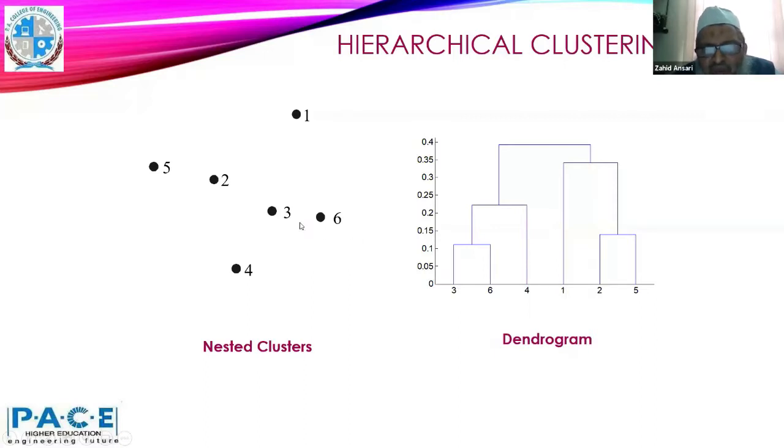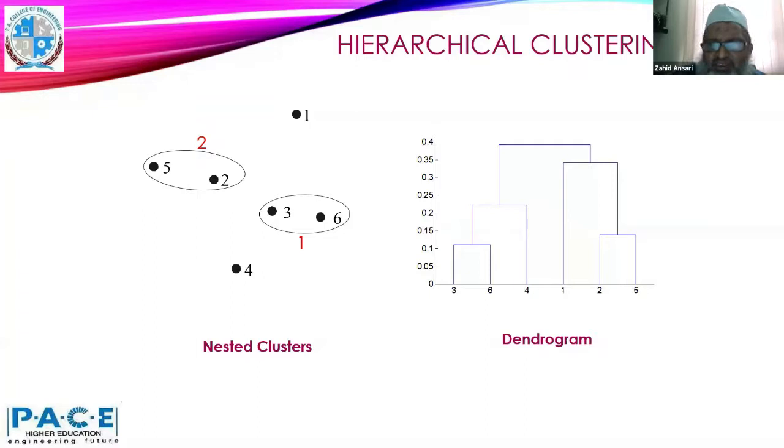3 and 6, even as per the max link, this is the minimum distance. So we'll merge 3 and 6 first. Then the next, as per the farthest distance, if you see now the distance between, okay, I think there is some problem in our dendrogram.